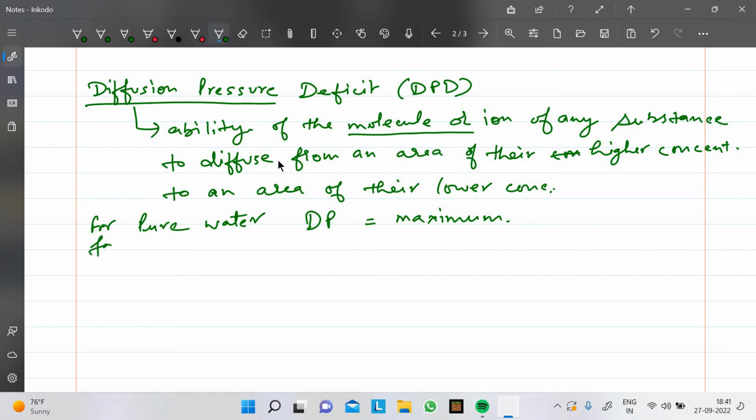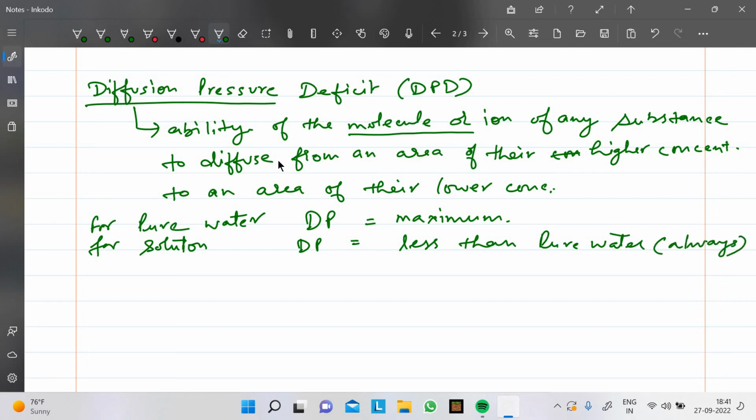For solution, what will happen? Diffusion pressure is less than pure water, always.